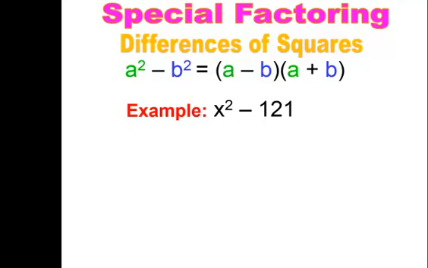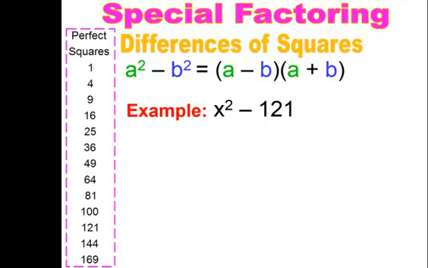In order to factor the difference of two squares, you need to know what perfect squares are. Looking at the list of perfect squares here, I have 1, 4, 9, 16, 25, 36, 49, and so on. And where this list came from, it's numerically. And to find a perfect square, you're multiplying the number to itself.